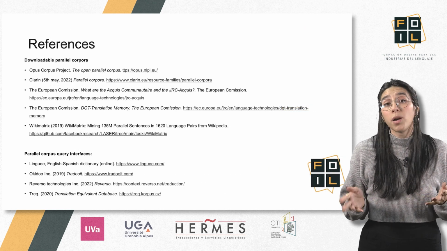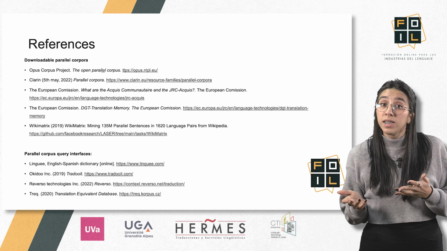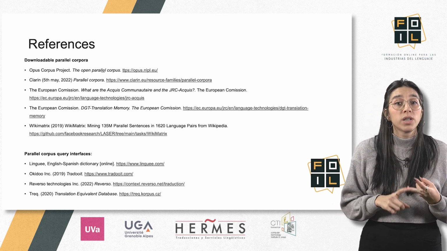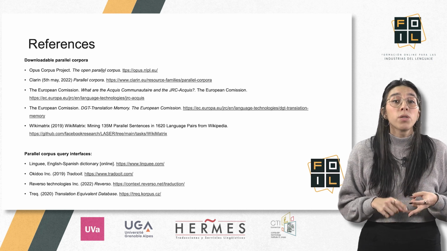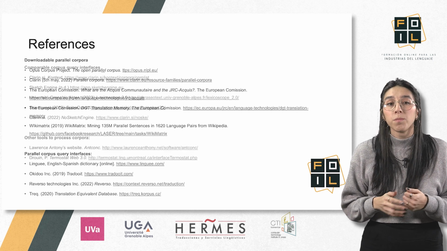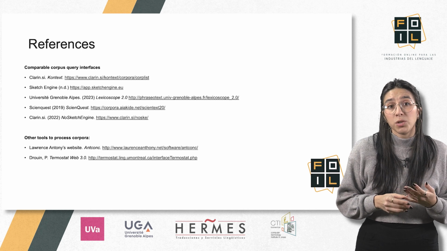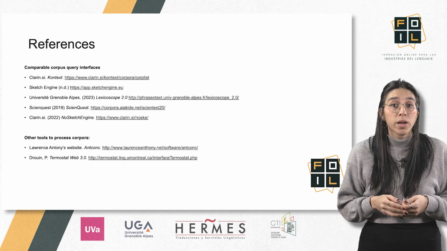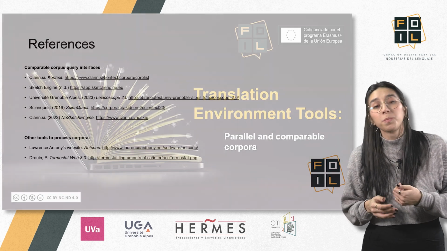To consult these comparable corpora, online concordancers can be used, for example, Sketch Engine, the Contextual Concordancer of the Clarin Network, or the Lexicoscope 2.0. Generic corpus exploration tools such as AntConc or term extractors such as TermoStat Web may also be very useful.